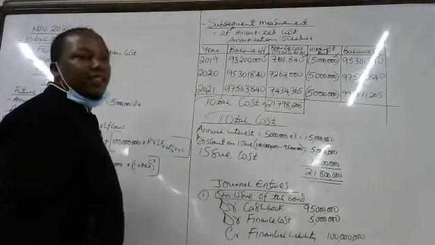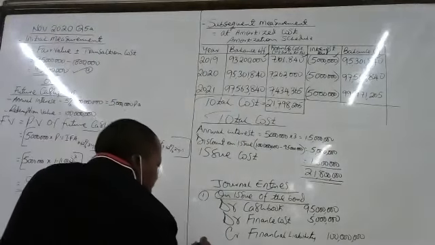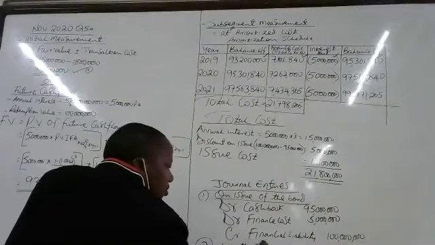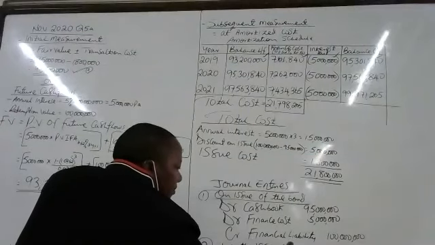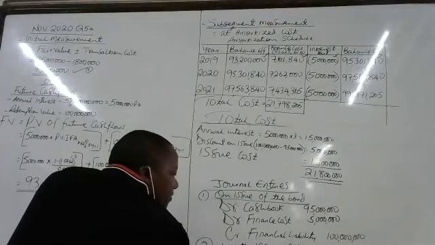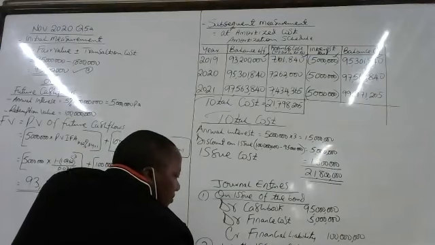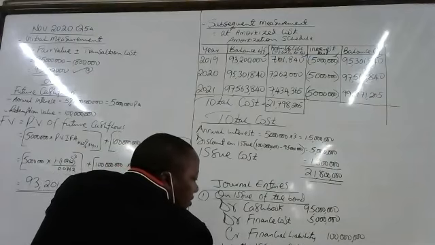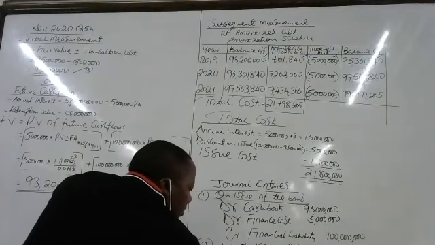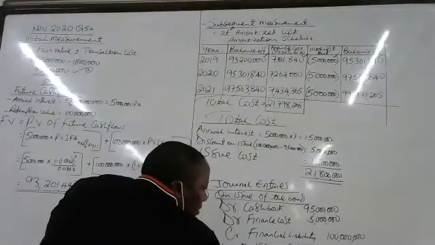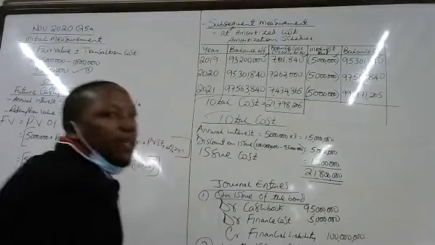Then they paid issue costs. With the issue costs they incurred, they are supposed to have debited the same finance cost with 1.8 million and credited cash with 1.8 million, because that was paid.